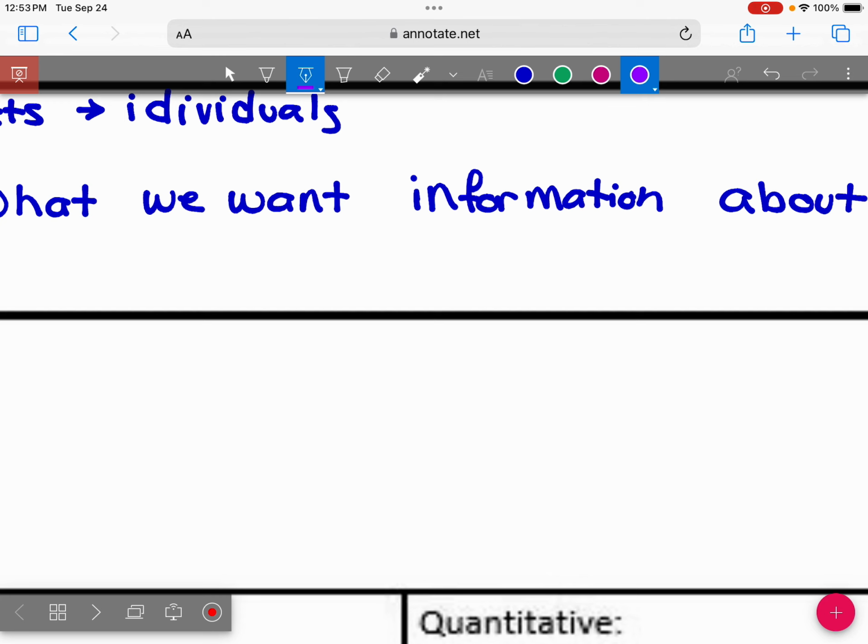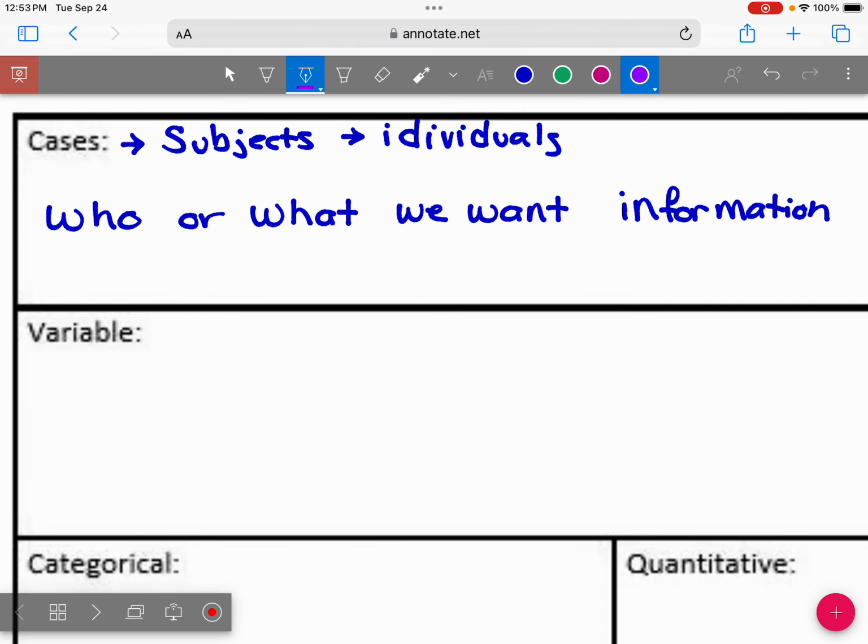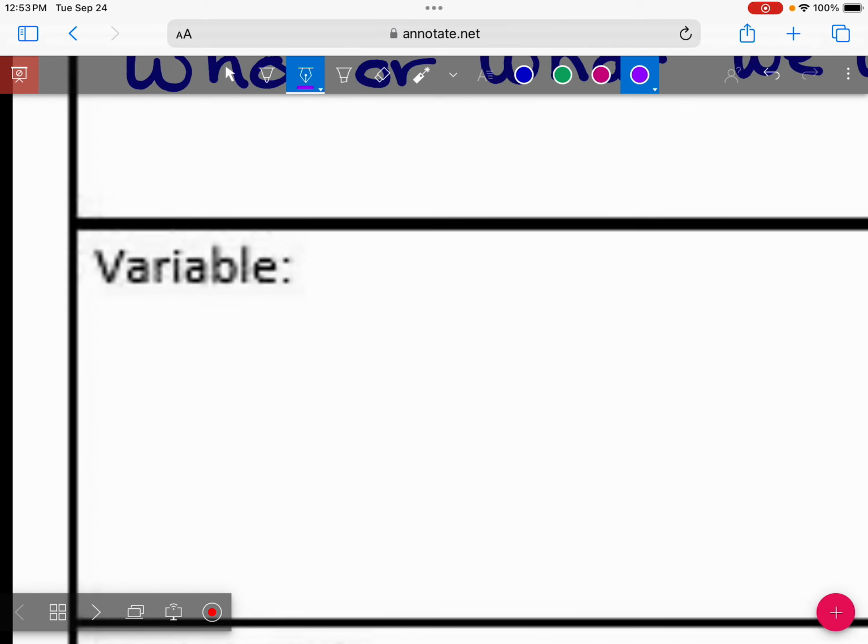So then we have our variable that we're looking at. We've used variable before. We usually use that for things like letters in our equations. But when we're talking statistics, our variable is each piece of recorded information about the case.